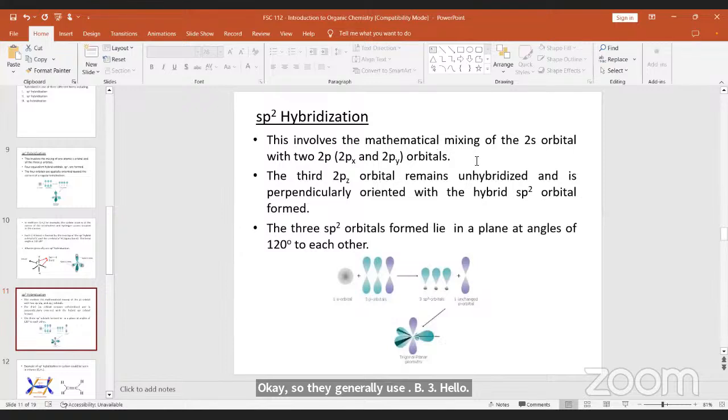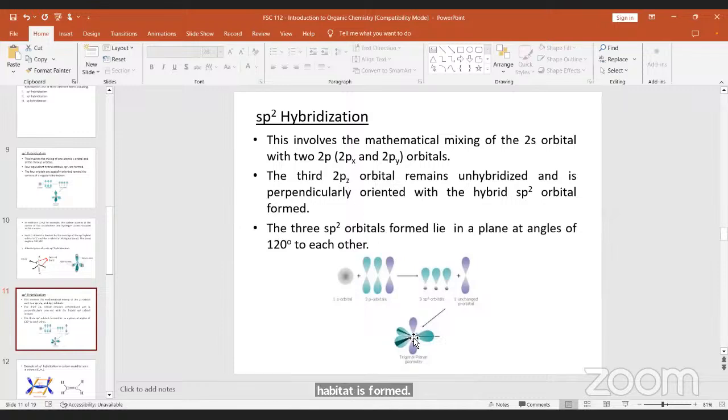sp2 hybridization. Remember, we informed ourselves that this involves the mixing of one s orbital and two of the p orbitals to form the sp2 hybridization. The third p orbital, which is the pz orbital in the second energy level, which is the 2pz orbital, remains unhybridized and is perpendicularly oriented with the sp2 hybrid orbitals that are formed.